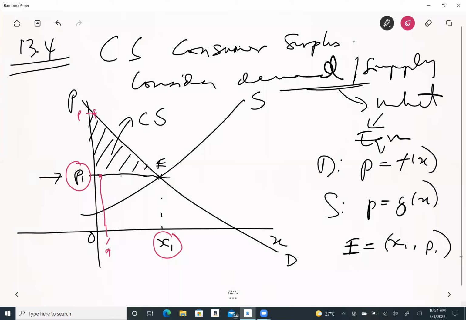Call it P2. So we are willing to pay P2 for that 1 unit. But because of the exchange, we pay only P1. So how do you feel? Let's say I'm willing to pay 100 ringgit for that thing, and I only pay at the market 50 ringgit. So how do you feel?